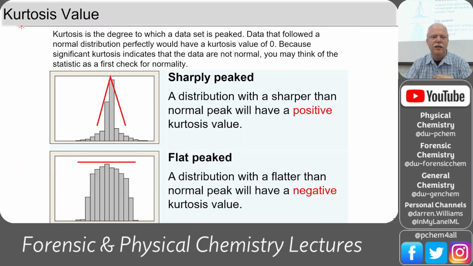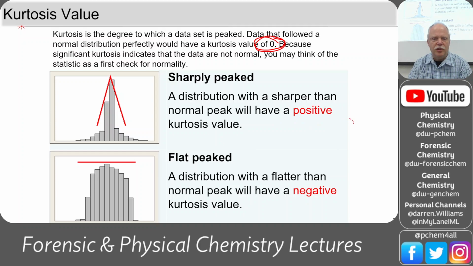We'll go to the Minitab stat guide. Okay, and this is the information from the stat guide in Minitab. So kurtosis is the degree to which the data is peaked. Data that followed a normal distribution would have a kurtosis value of 0. So that's what you're aiming for, 0 kurtosis.